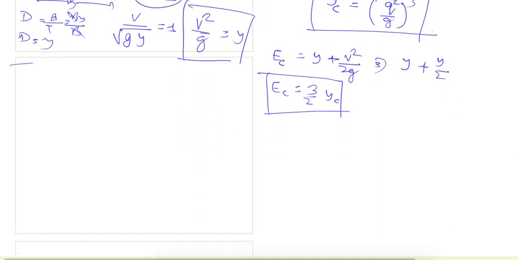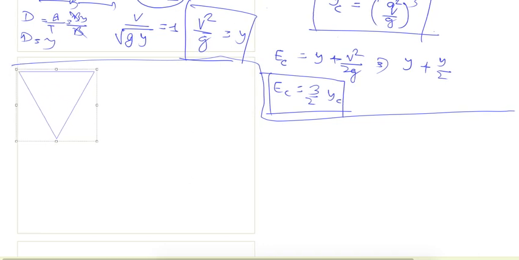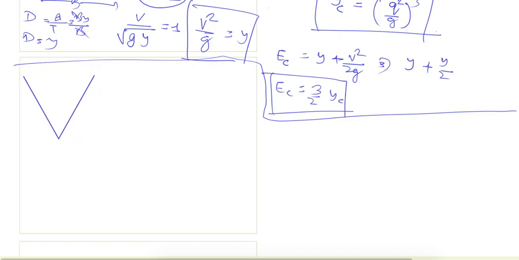Similarly, let's do it for the triangular channel also. So this is the triangular channel. And if I take the slope as m is to 1, and this depth of flow is y, so this is equal to my, and similarly this is also equal to my. So T is equal to 2my and A is equal to my square.